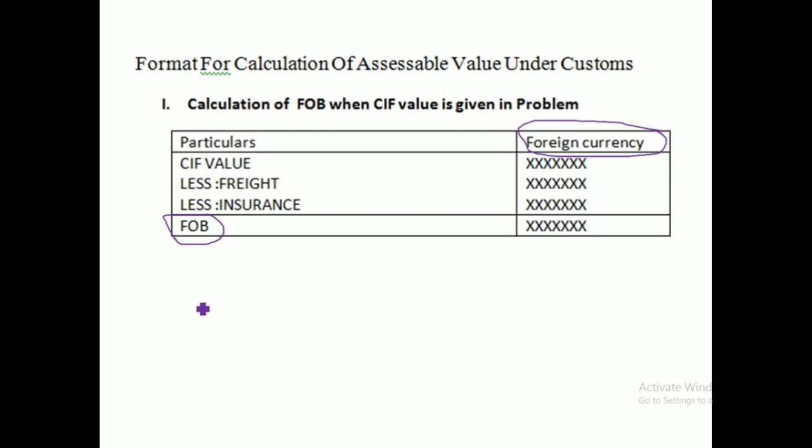See here, consider one importer from India. One importer from India, that is, the buyer from our country, is importing goods. If he is importing the goods from Japan, very important thing, there may be a place in Japan by name A. This is the place where manufacturing of goods has been done.